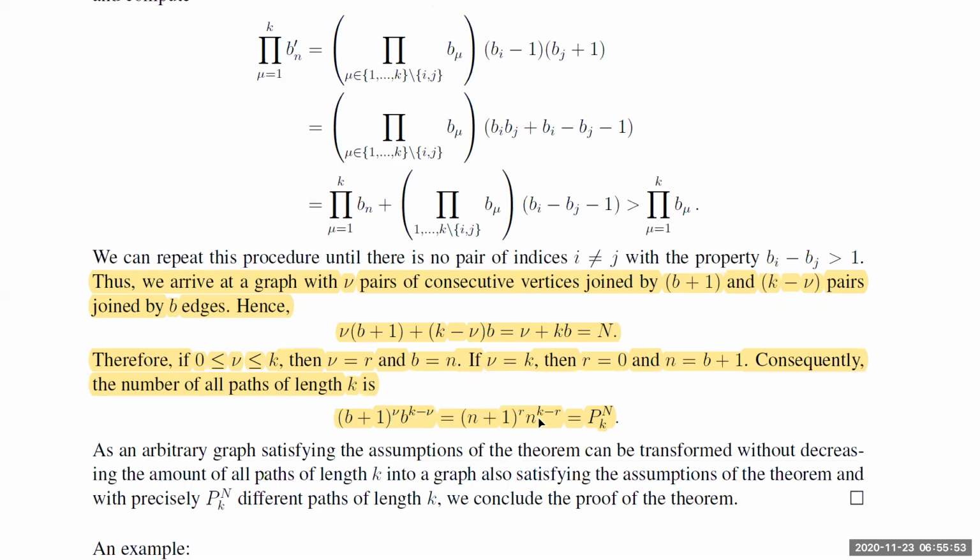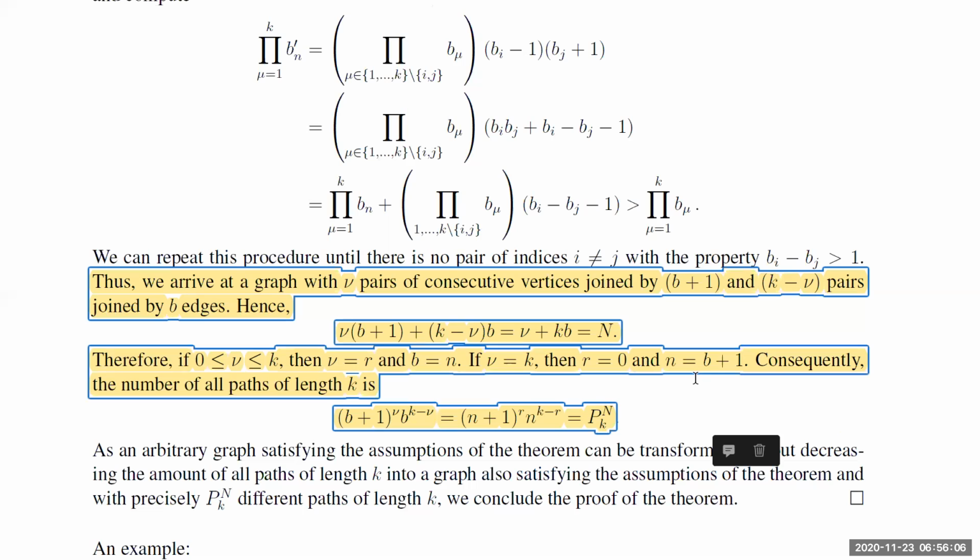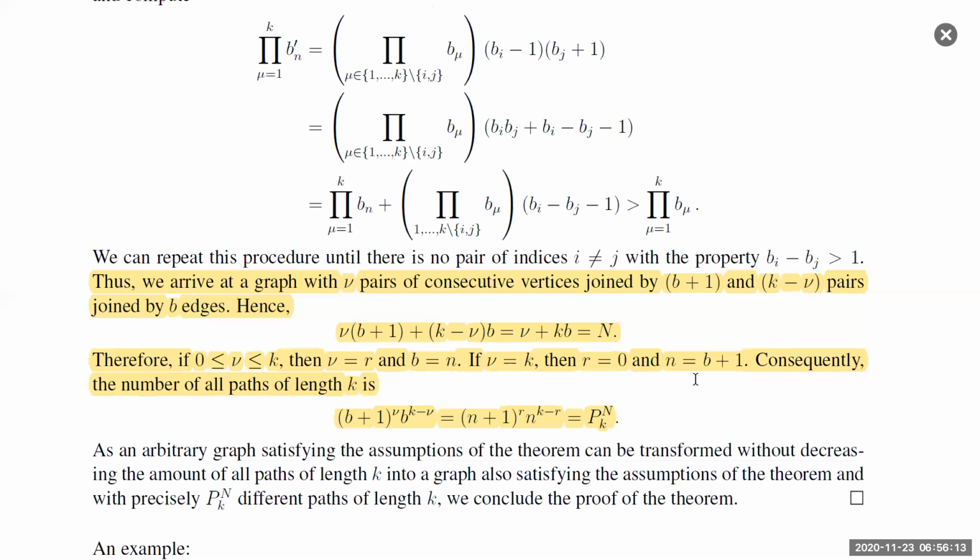Now we have mu is equal to k, r is equal to 0, all right, and n is equal to b plus 1. Yeah, sorry, I should be looking here, right? Okay, so I want to see that these two numbers are equal in this case.